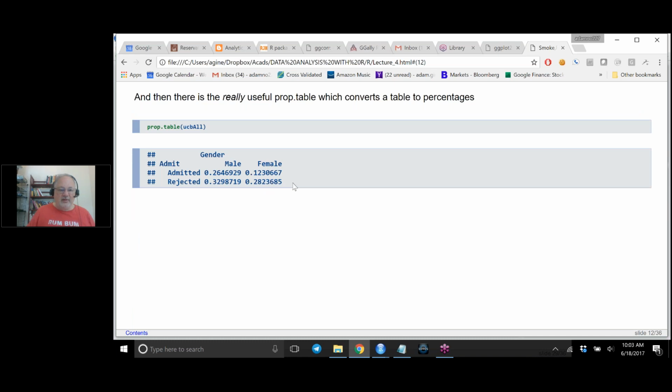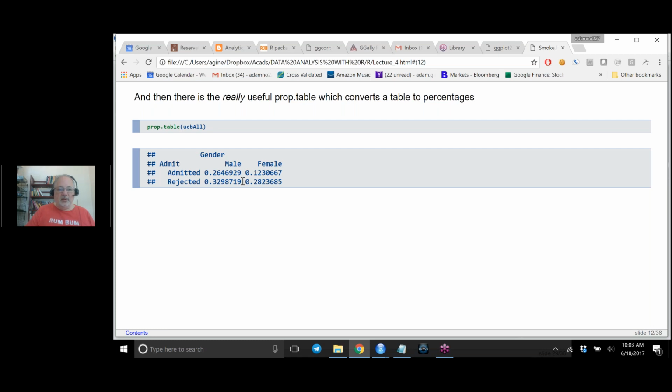So you can see 26% of the people were men who were admitted, 32% men rejected, 12% female admitted, and 28% female rejected. And you say, hey, this makes it abundantly clear that way more women are getting rejected than men. And UC Berkeley was sued on this basis.